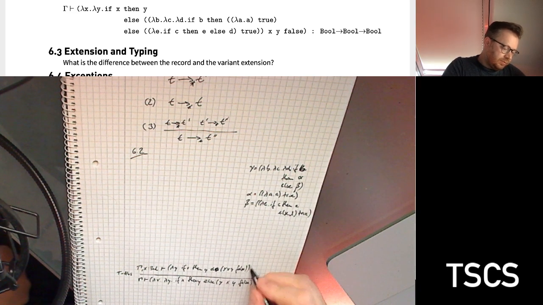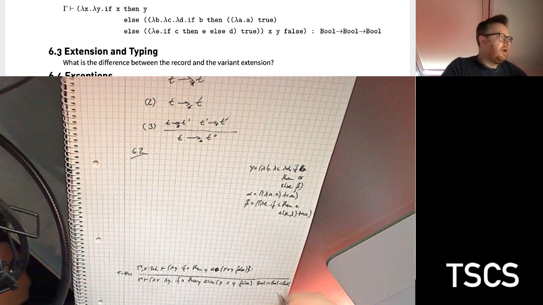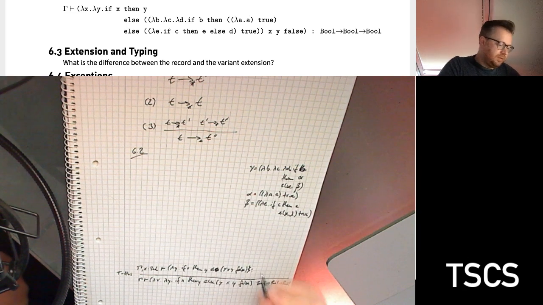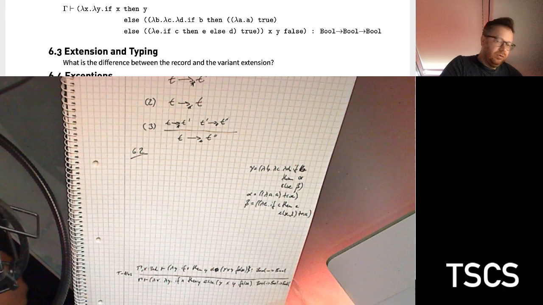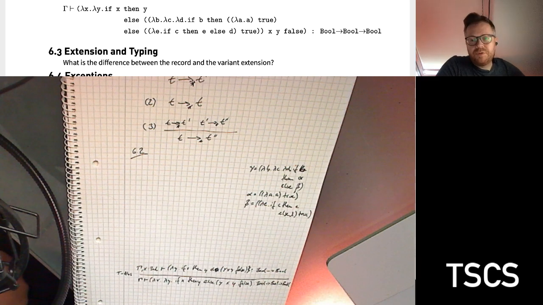And now we've taken the first function type and put it on the left side. So we write here bool. I hope you can read this down there, but I'm also saying this.